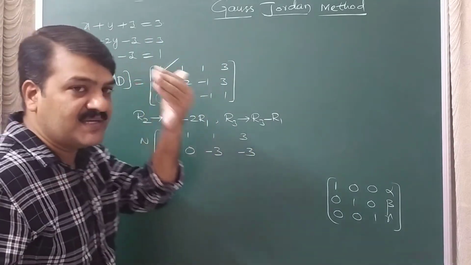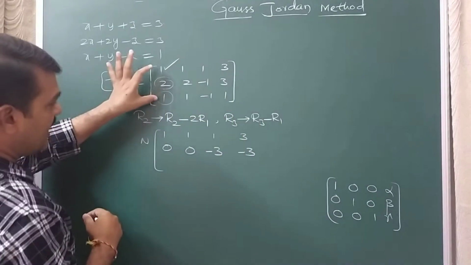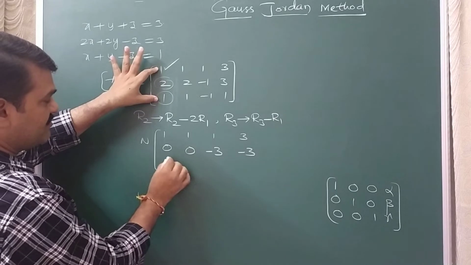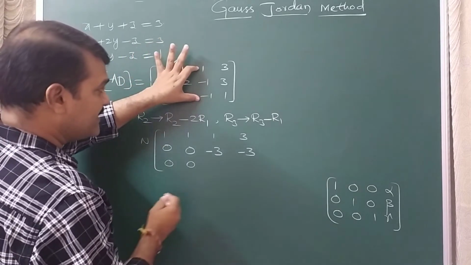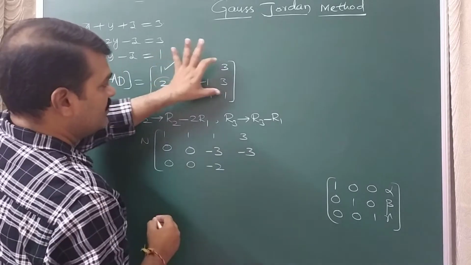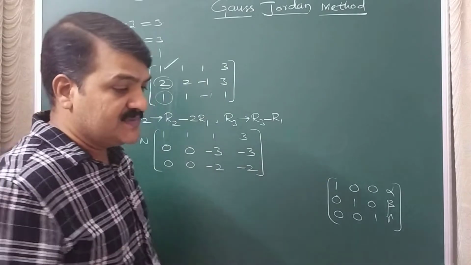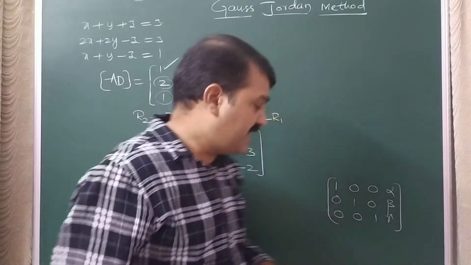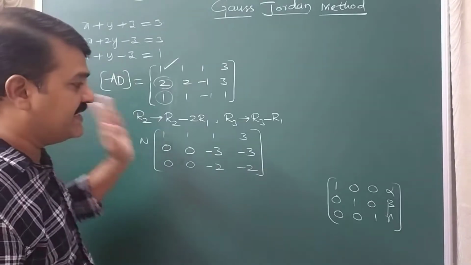R2 minus 2R1 is completed. Now R3 minus R1: 1 minus 1, again 1 minus 1, minus 1 minus 1, 1 minus 3, you will get it like this. So our first step, trying to get 1, 0, 0 in the first column, is completed.